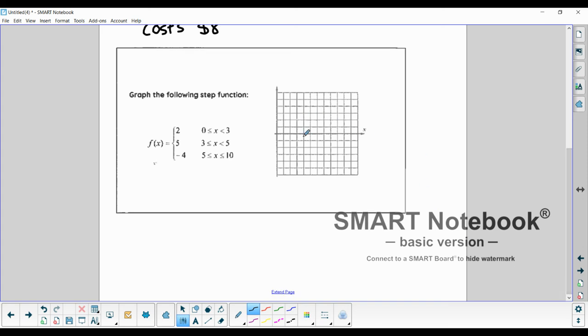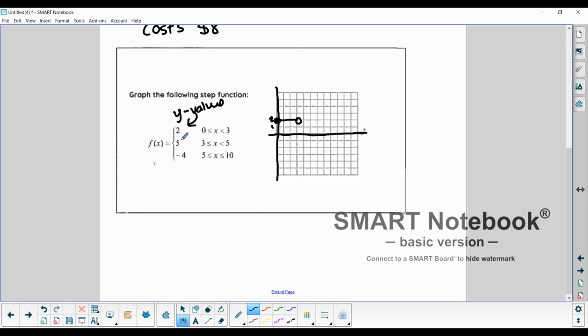And so if I wanted to graph it, it might be hard to tell, but this is the y-axis and this is the x-axis. They're only giving us half of the graph. Sometimes the functions are written this way. So this is saying that y is 2. So I'm going to go up to 2. I'm going to put a closed circle on the x value of 0 and then draw a straight line until I get to the x value of 3. 1, 2, 3.